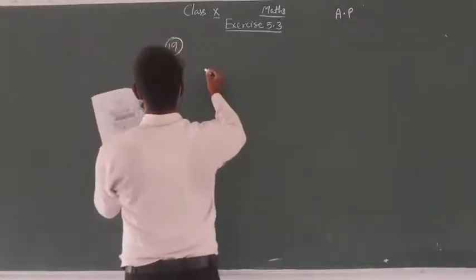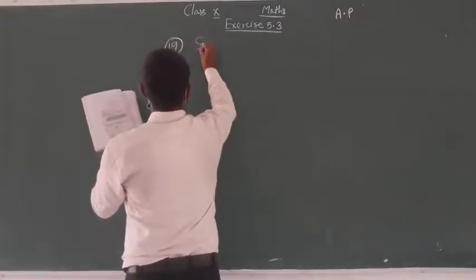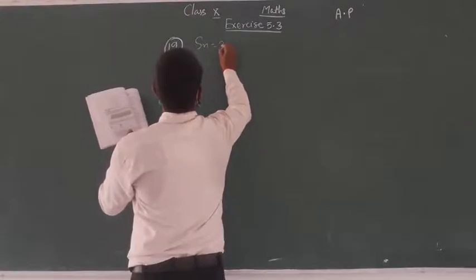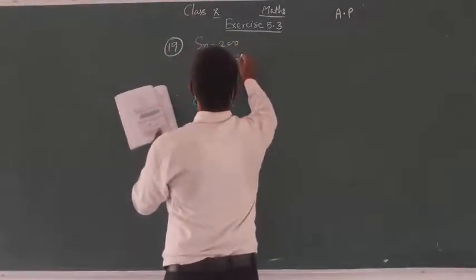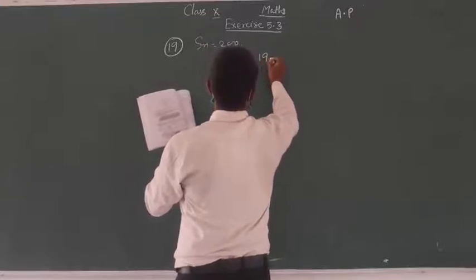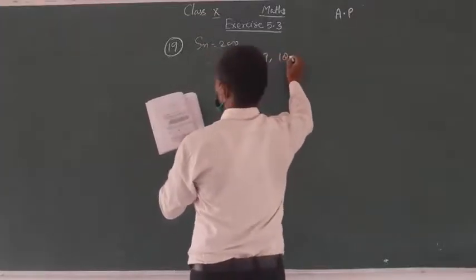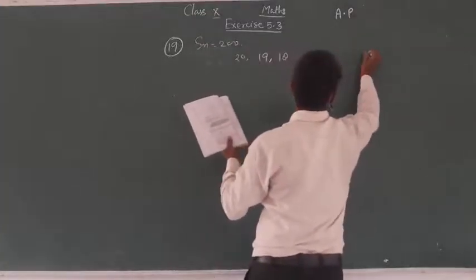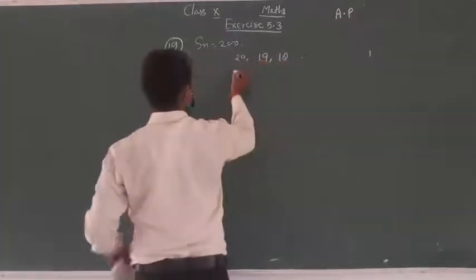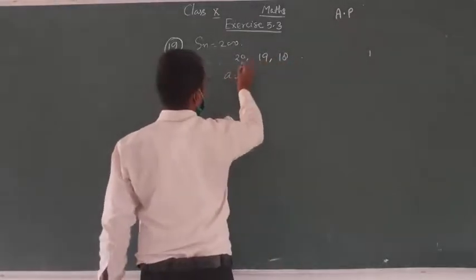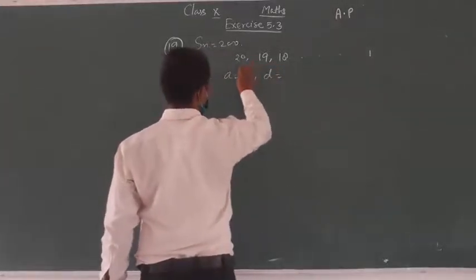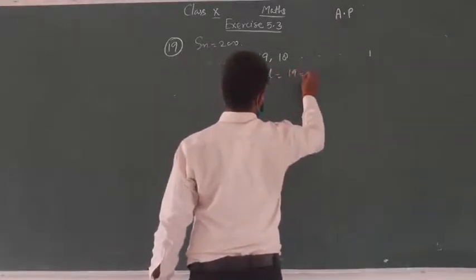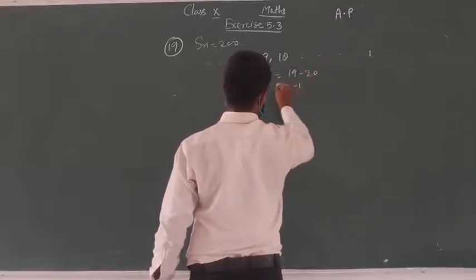Now the series: Sn is equal to 200 logs, and the series is 20, 19, 18, and so on. So the first term of the AP is 20 and the common difference is second term minus first term, 19 minus 20, which is equal to minus 1.